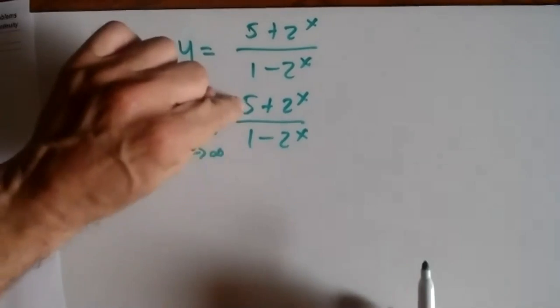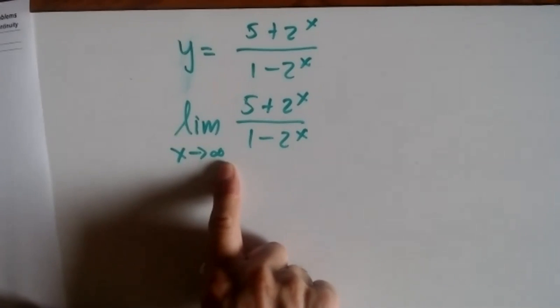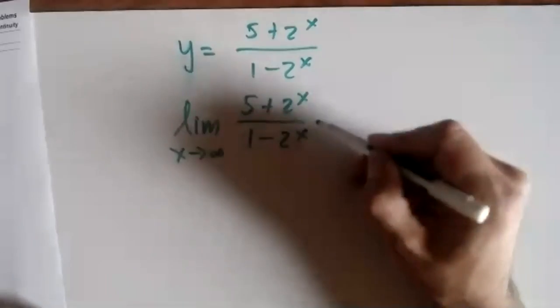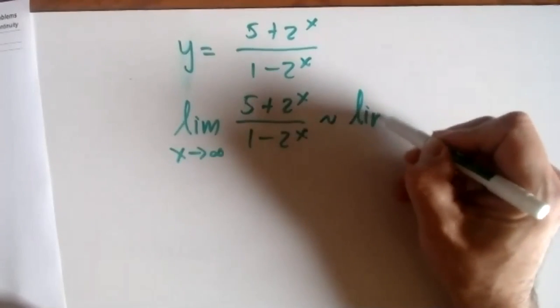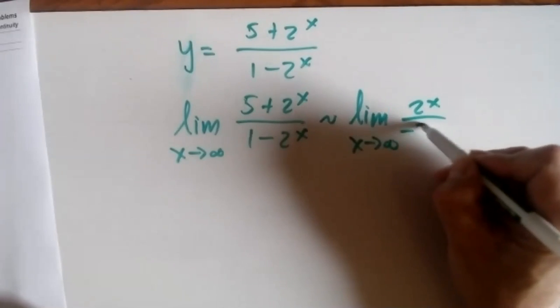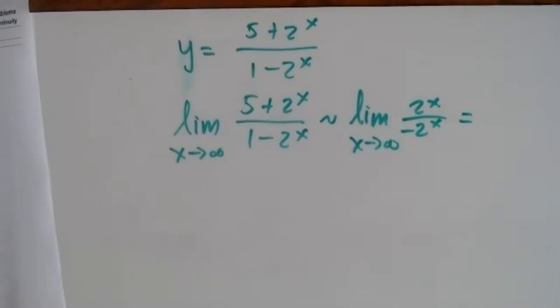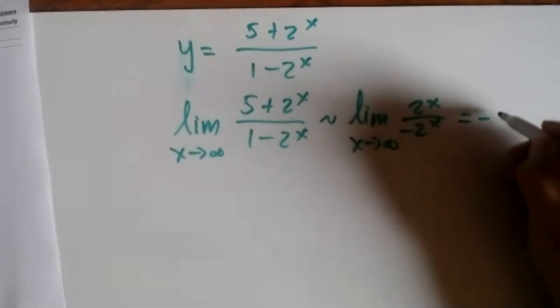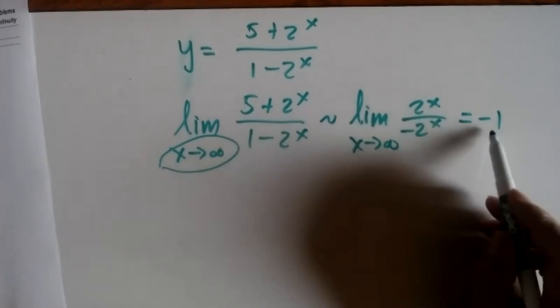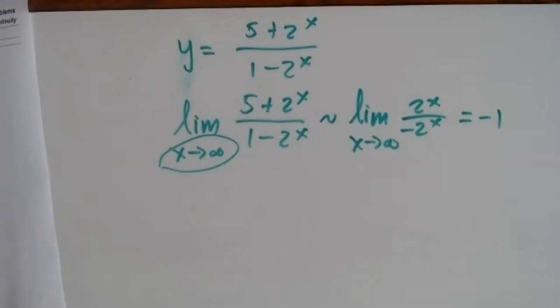Now, suppose this is 100. This is 5, 2 to the 100, 2 to the 100. This is much more. So this is like we take 2 to the x over negative 2 to the x. What is this equal to?